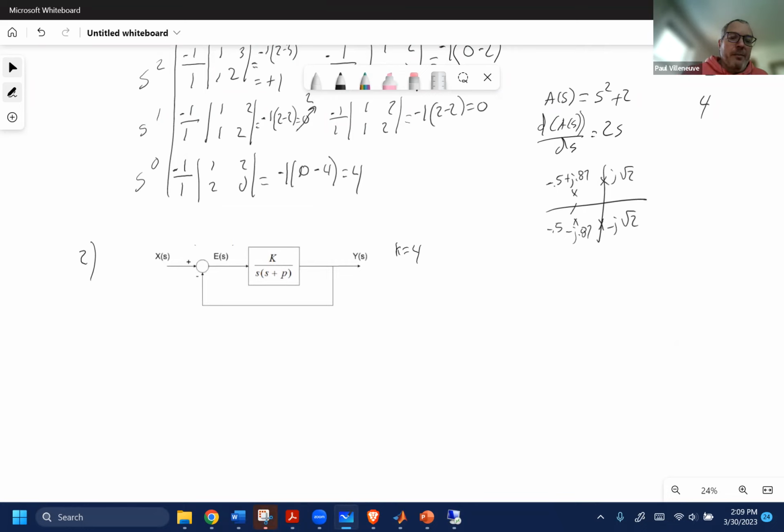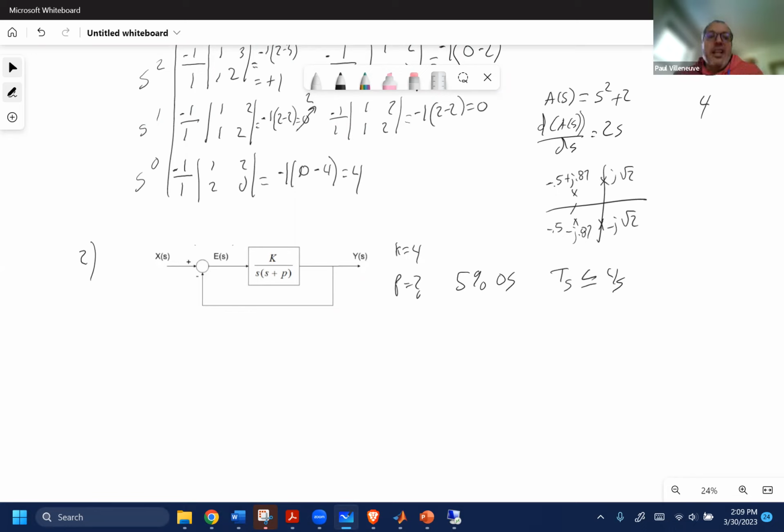Go ahead and specify P so that we have 5% overshoot and T sub S, my settling time, is less than or equal to 4 seconds.